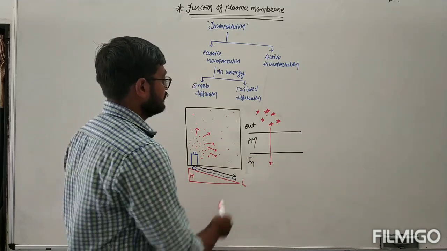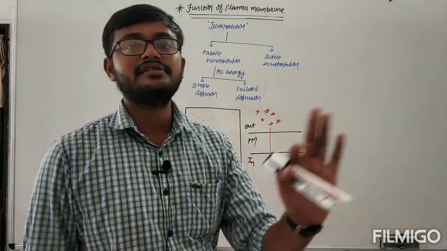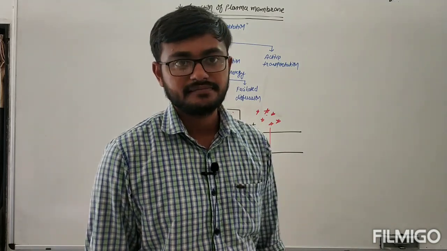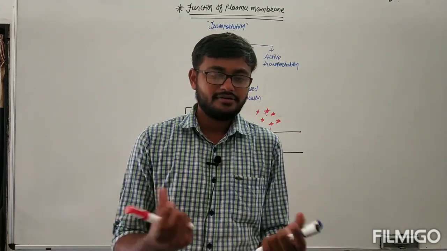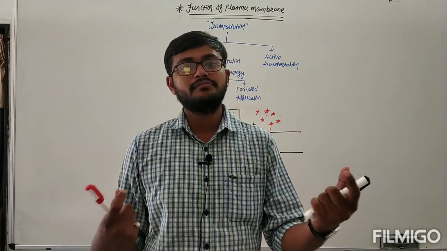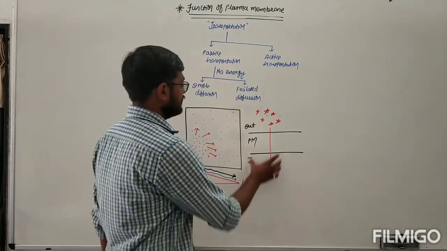But one thing: the plasma membrane is made up of lipid, and lipid never dissolves in water. So we call lipid non-polar in nature. You know that polar likes polar, non-polar likes non-polar. Polar and non-polar repel each other. So what happens if a plasma membrane, which is non-polar, is over here?